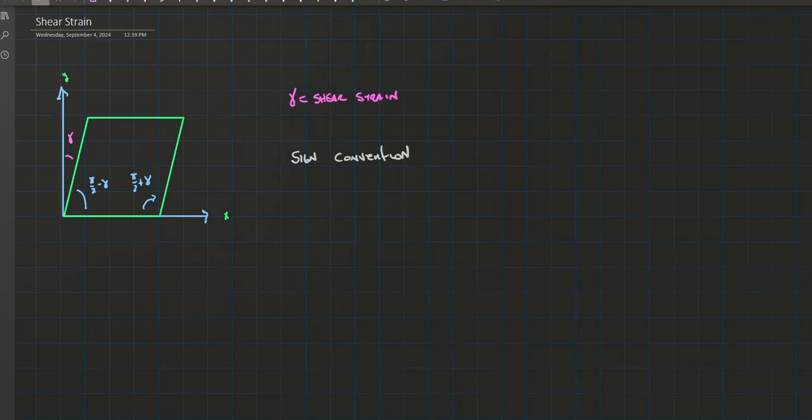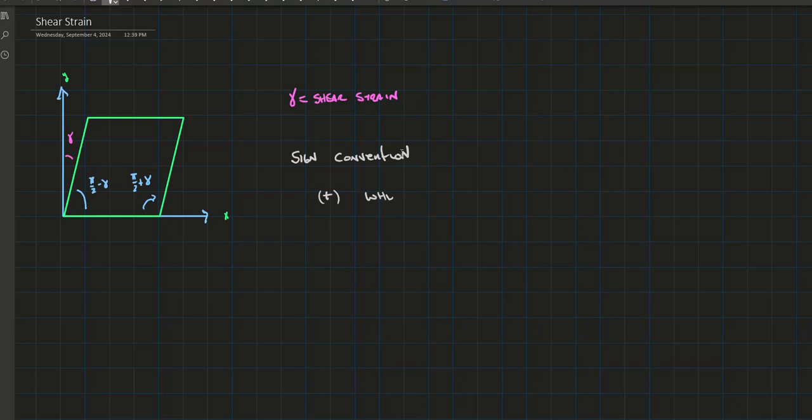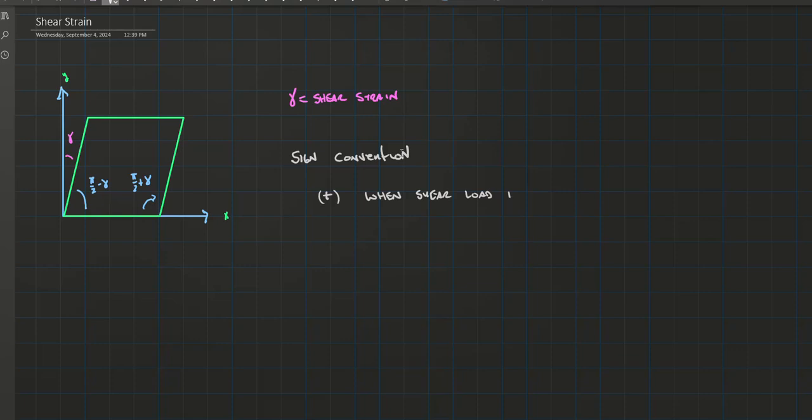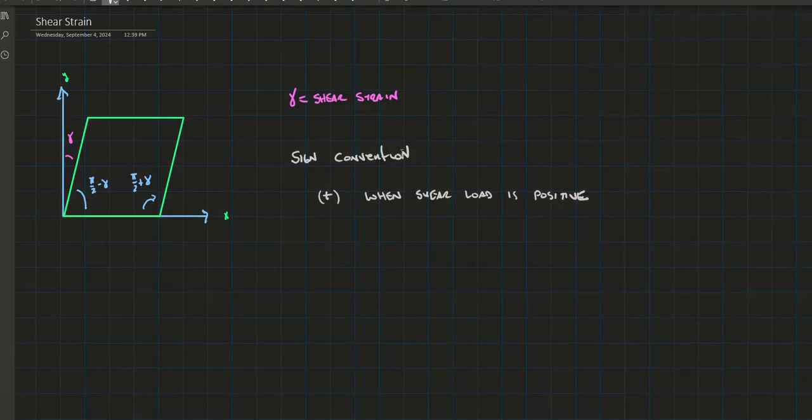So the sign convention we want to use is shear strain is positive when the shear load or shear force is positive. And if you recall, shear force is positive when it acts on a positive surface.